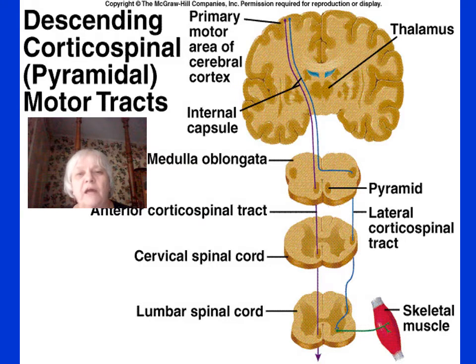So notice that tract runs from the precentral gyrus through a region called the internal capsule, and then it goes to the medulla where the fibers separate out, and the ones in the lateral corticospinal tract are going to cross over in the medulla, which is the second little slice that you see on your picture. The anterior ones are not going to cross over, and so you see them going down or projecting to various levels of the spinal cord to their lower motor neurons to exert that control of your muscles.